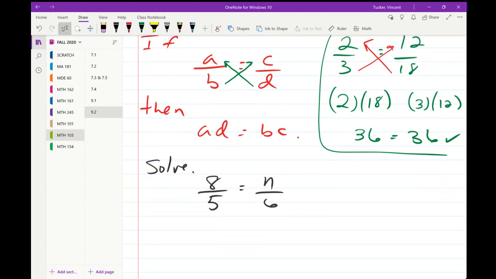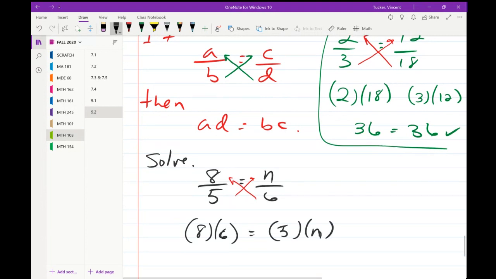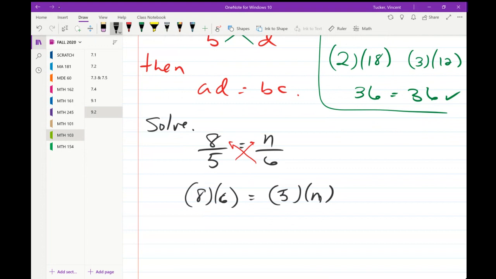All right. So 8/5 equal to n/6, and we want to solve. Cross multiply. So on the left, we have 8 times 6. On the right, 5 times n. 48 equal to 5n.